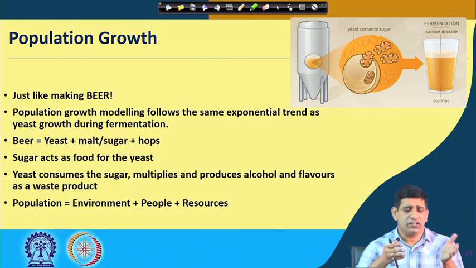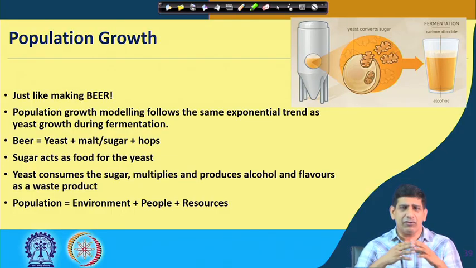So beer is yeast plus malt, sugar and some hops. Sugar acts as food for the yeast. Yeast consumes the sugar, multiplies, and produces alcohol and flavors as a waste product. So population is a function of environment. It's the people and the resources. The people reproduce and more and more babies are produced, and the environment also plays a very important factor.